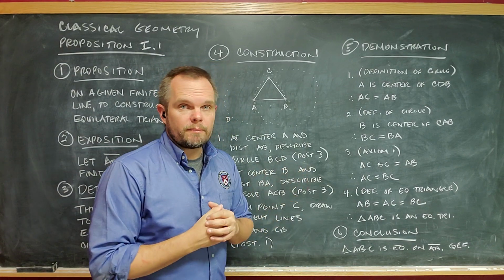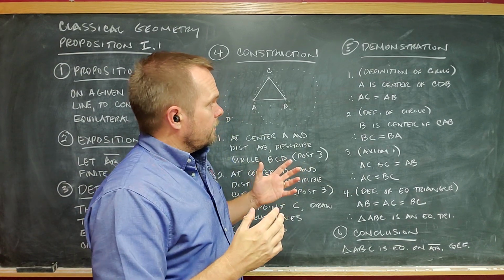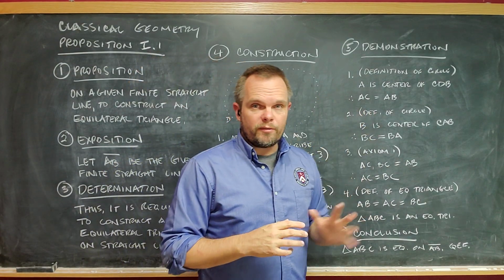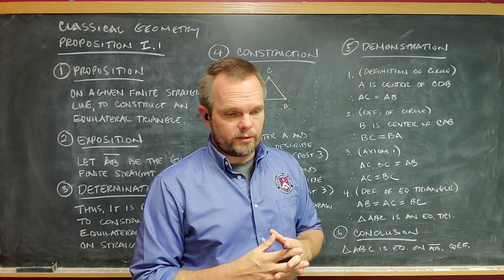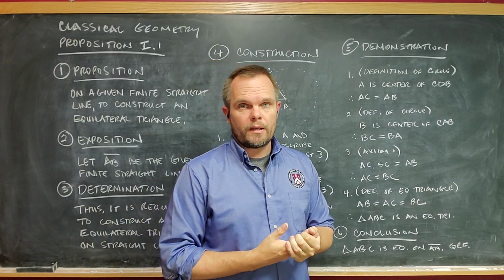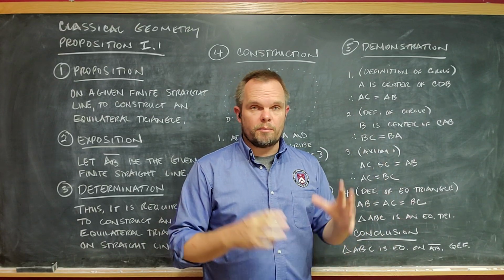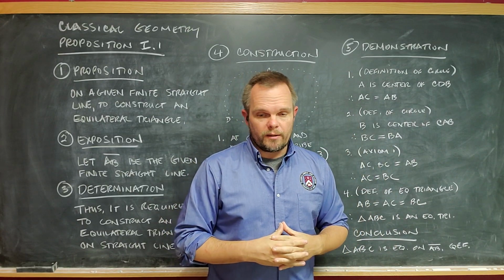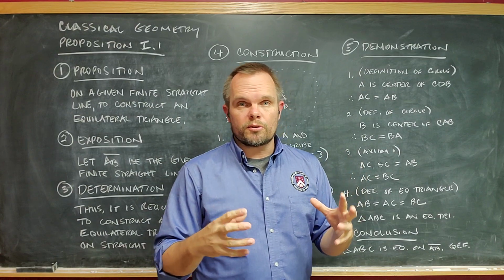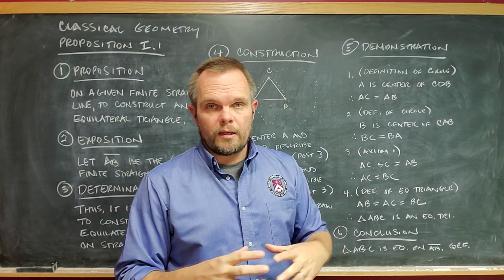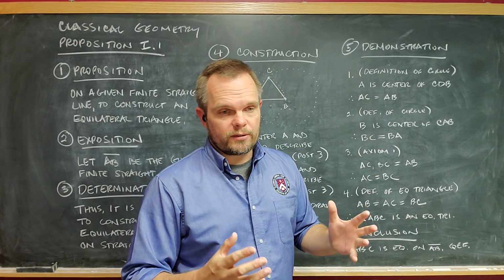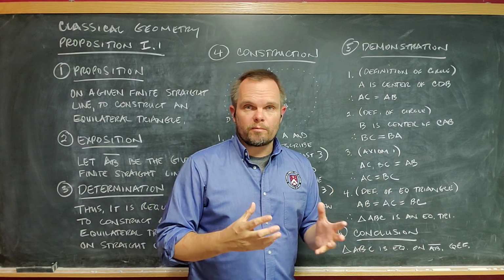So here's our demonstration. And now one difference that I want to point out is if you get a geometry book, they'll give you a demonstration and they'll write it out and they'll put the elements that are used in parentheses, but they'll just write them out, and it's really not the right way to do it.